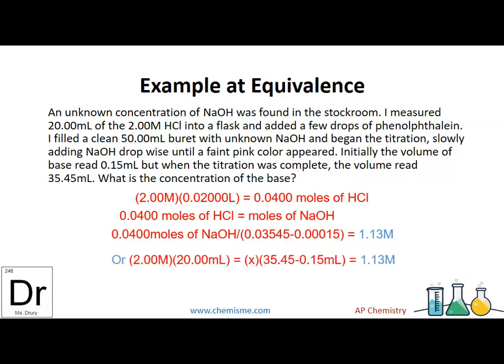Or if you took Regents Chem, you might know about the MAVA equals MBVB formula, which works just the same: 2 molar times 20 milliliters, so I noticed I didn't change it to liters, equals unknown molarity times the volume of the base used. So you still have to do the subtraction, but it can be in milliliters, and you get the same answer. The thing about that MAVA is most graders don't want to see that. You're more sophisticated than that now, and you should be using the first way I showed you.